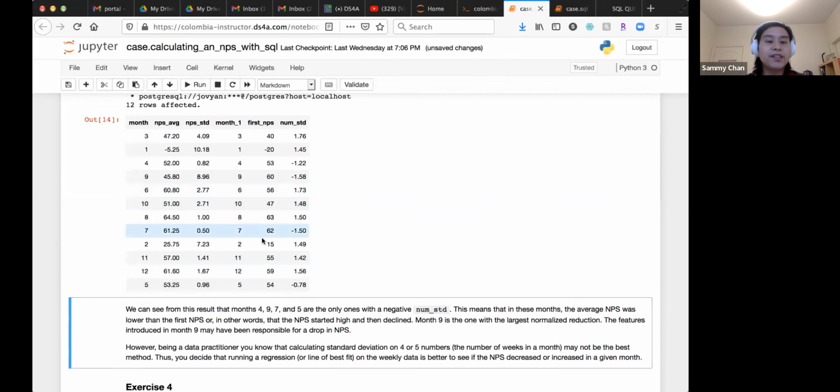So in these particular months, April, May, July, and September, the NPS rating started higher and then it went down along the months, especially September.